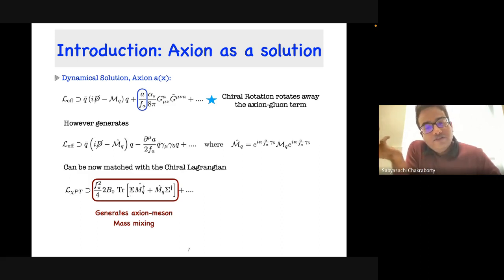If you consider a three-flavor scenario, sigma would contain pions, kaons, eta prime, and so on. So this term in the chiral Lagrangian is the source term where the axion coming from M_Q hat mixes with pions, and therefore in all the experiments where you have pions or kaons, you can essentially constrain the axion through such a term.